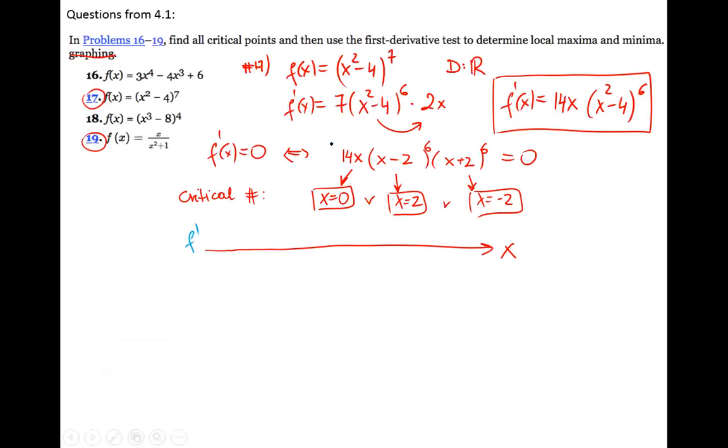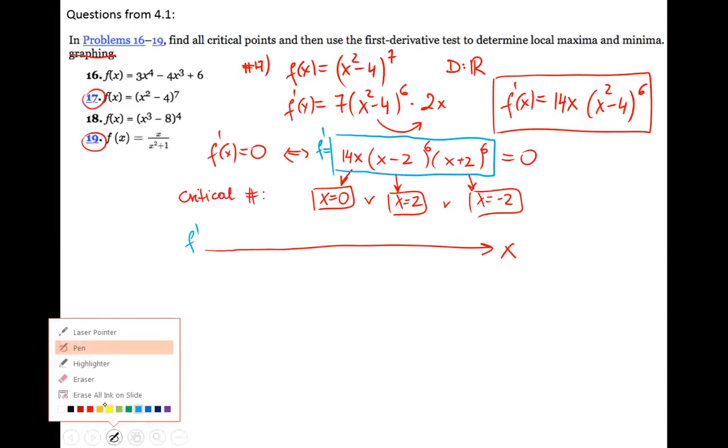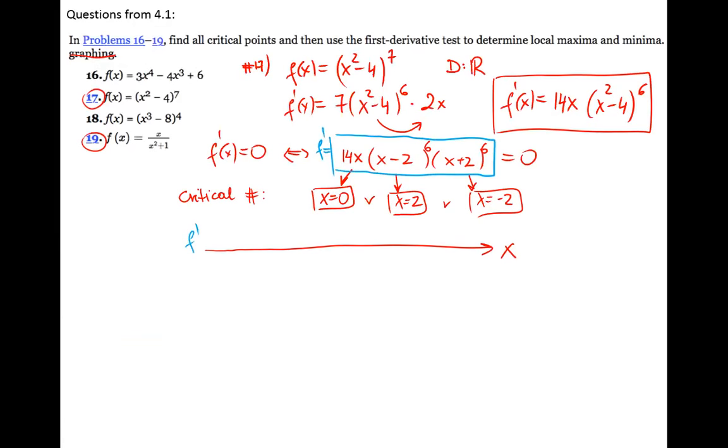I am testing the sign of the first derivative on the left and right-hand side of each critical number: negative 2, positive 2, and 0. That's what we have to do.